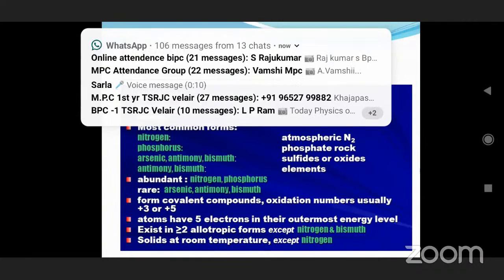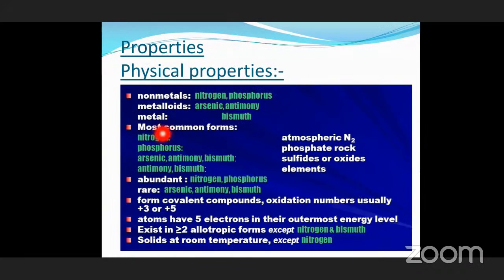Okay, so then here most common forms. Nitrogen is more abundant, present in the atmosphere. Similarly, phosphorus is more abundant in phosphate rock. Then arsenic, antimony, bismuth are found in minerals like sulfides or oxides.